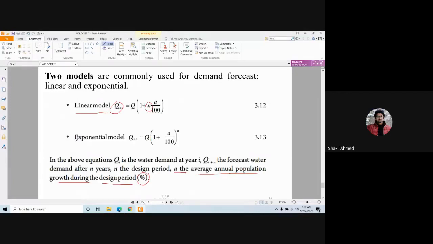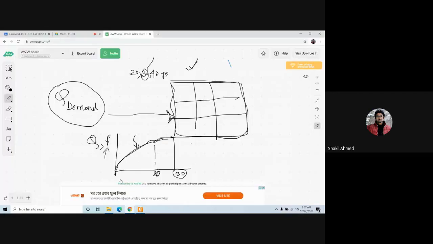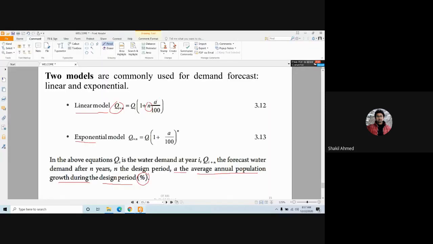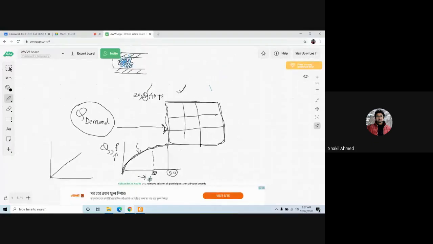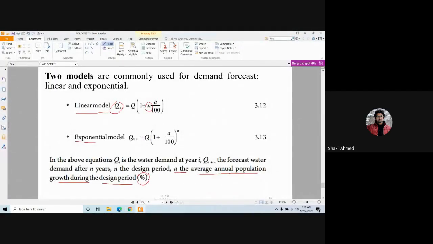Yes, sir. For the exponential model, we are looking for an exponential here. This is the exponential model. This is a linear model. Here the assumption is linear. Here it is the exponential model. By the way, here you have time, right? In years. So in the exponential model, you can see that QIN, that means future demand, Q30 or Q20, Q40, whatever it is.